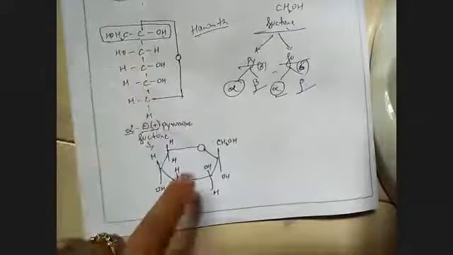This is your alpha D plus pyranose fructose. So you need to write for this like this and also like this for your beta.